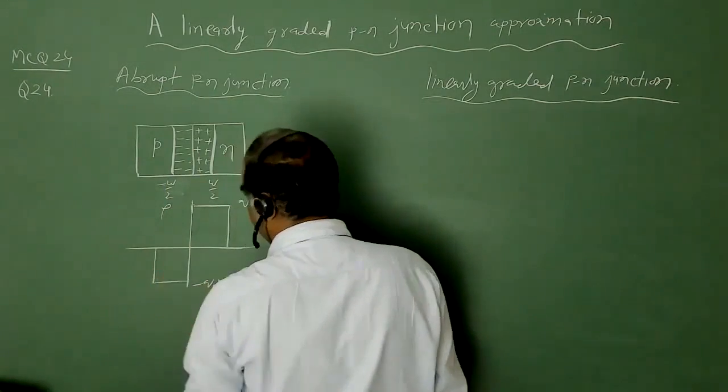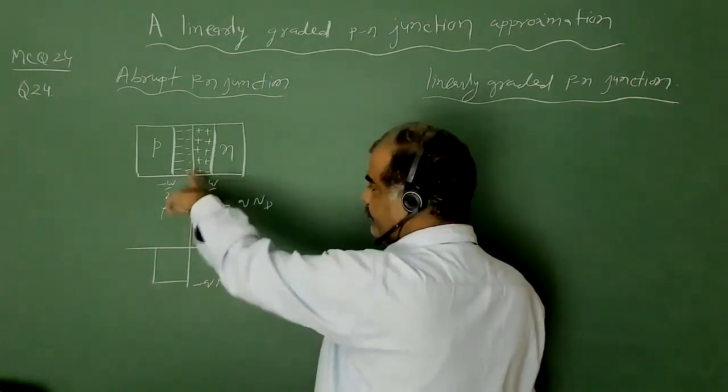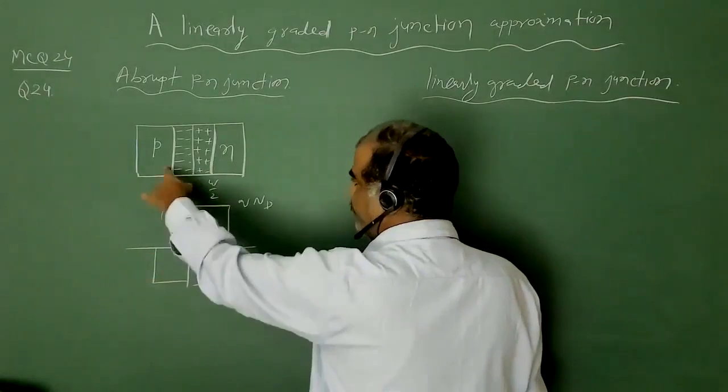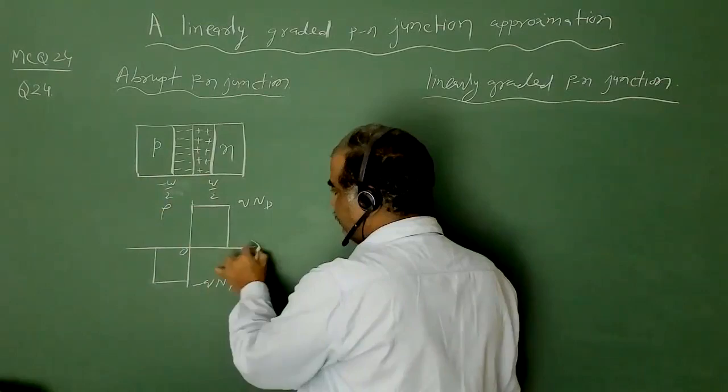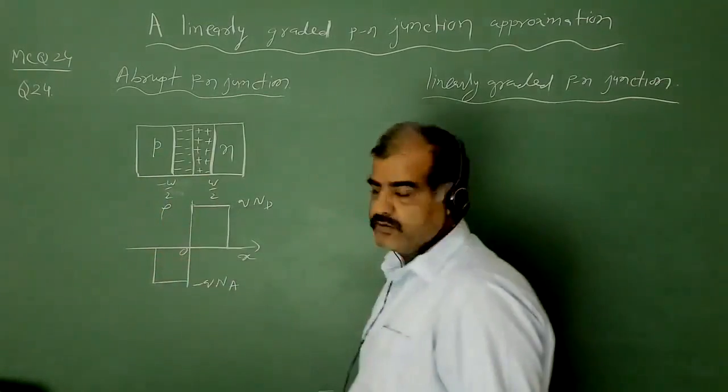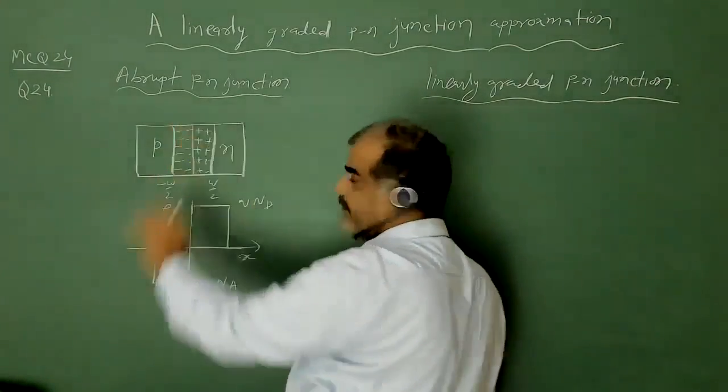So when we go from P to N region, charge density as a function of x suddenly varies. That's why that junction is called an abrupt PN junction.